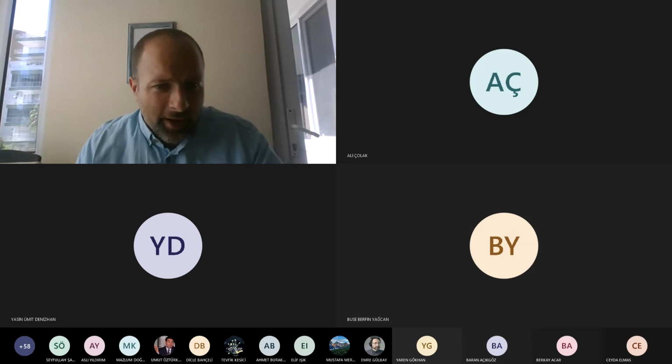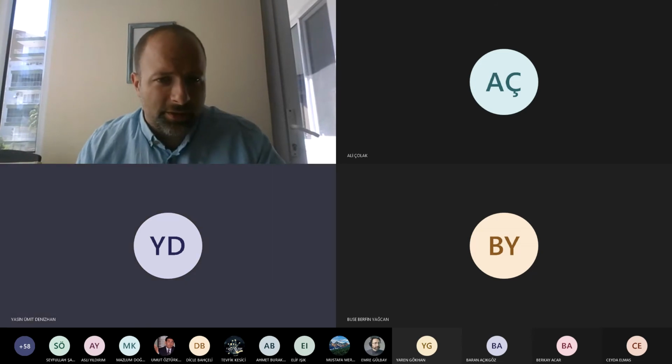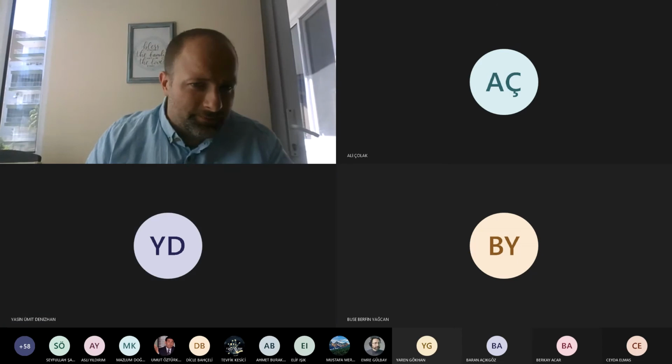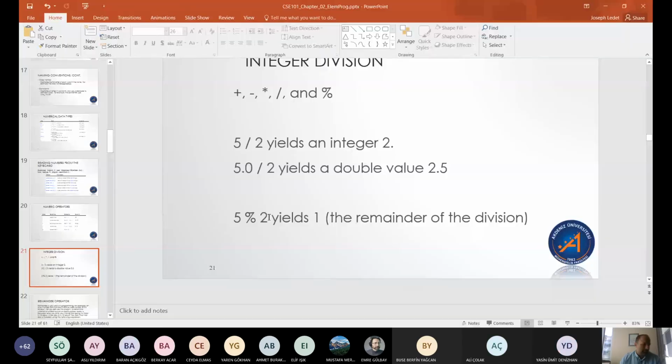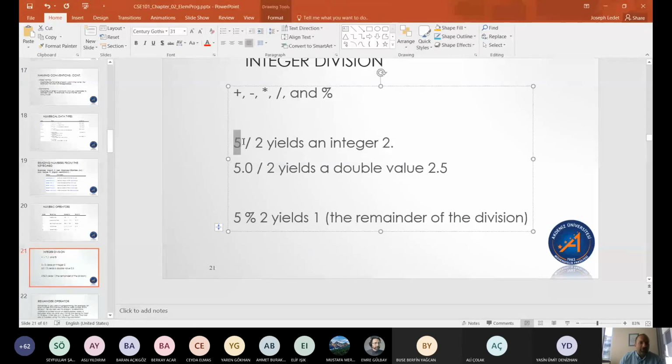So let's go back to the slides so you can see what I'm talking about. There we go. So when we do 5 integer divided by 2 integer, we get an integer value 2. When we do 5 remainder 2, we get 1.